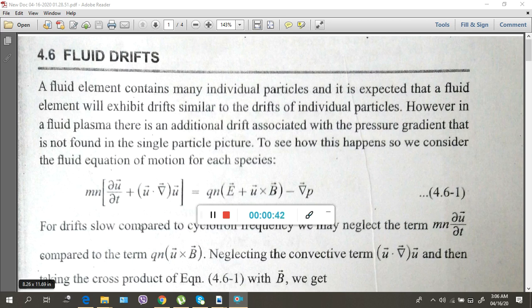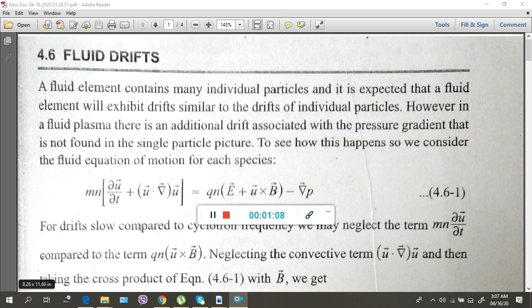It means that when one individual particle has drift, then similarly all the individual particles in the fluid also have drifts. However, in a fluid plasma, there is an additional drift associated with the pressure gradient that is not found in the single particle picture.